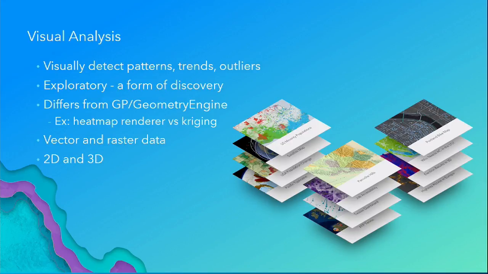They give you a similar output in the sense that you're interpolating points and getting a surface, but the heat map renderer is really meant for a quick reference. You quickly see where crimes are centralized in a city, for example, whereas kriging is really meant for more of a conclusive analysis. You can perform visual analysis on both vector and raster data and in 2D and 3D space.